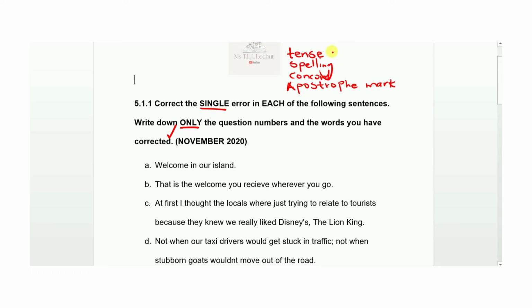Now, the first thing that you need to look out for when you correct sentences is to check the tense of the sentence. Are all the words in agreement with reference to the tense? Sometimes you may find that the sentence is in the present tense, then you have that one word that spoils the entire sentence. Maybe that word is in the future tense, which makes the sentence grammatically incorrect.